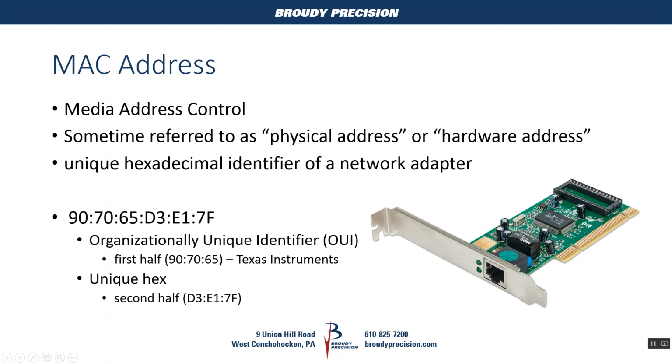That is typically given to the manufacturer of the chip that's used for our network interface card or adapter. In this case, I pulled this MAC address off of a JACE, and that first half of the MAC address, when you do a lookup on it, refers to Texas Instruments, and Texas Instruments makes network interface chips.